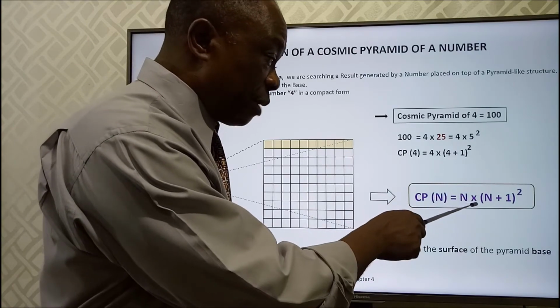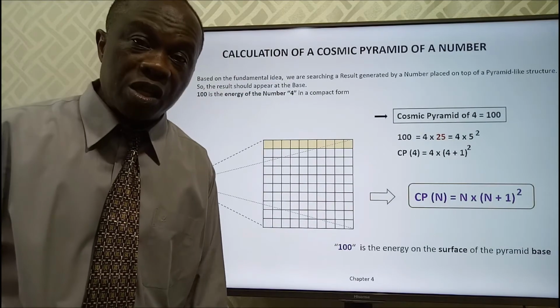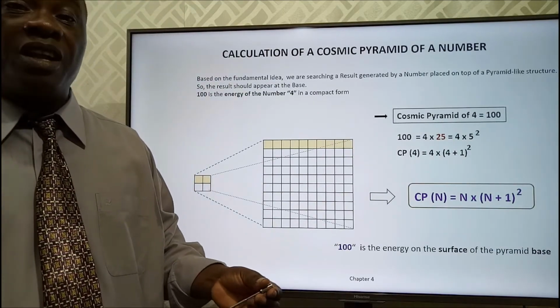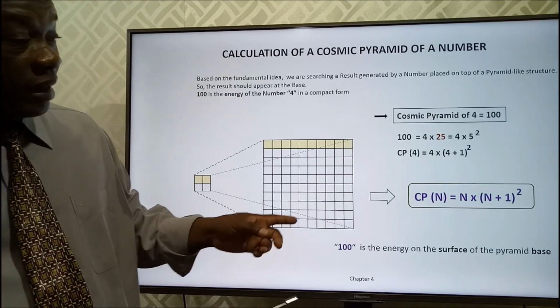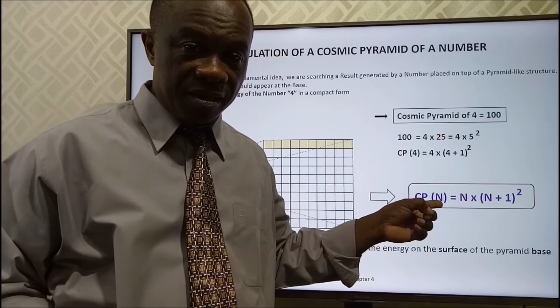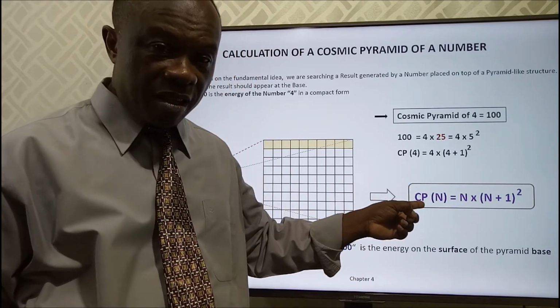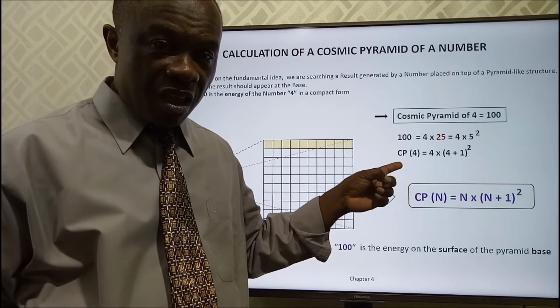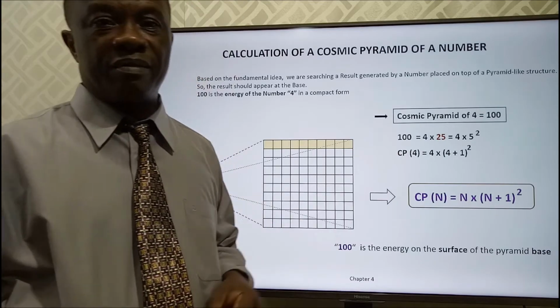n times n plus 1 squared. This formula must be very important, because the day I discovered this, I was told this is the origin of E equal mc squared.